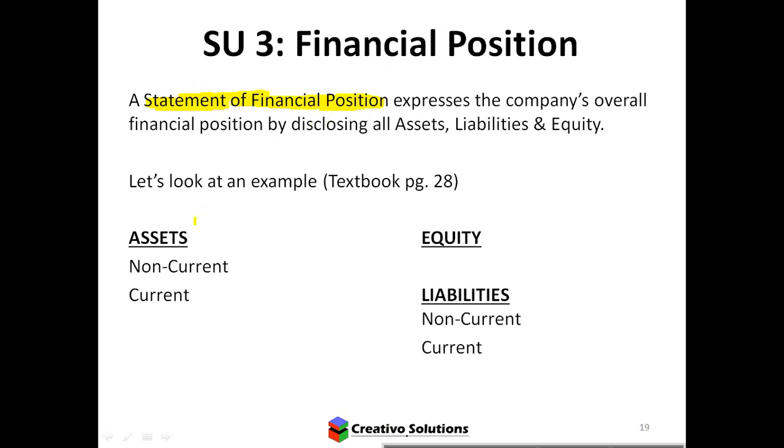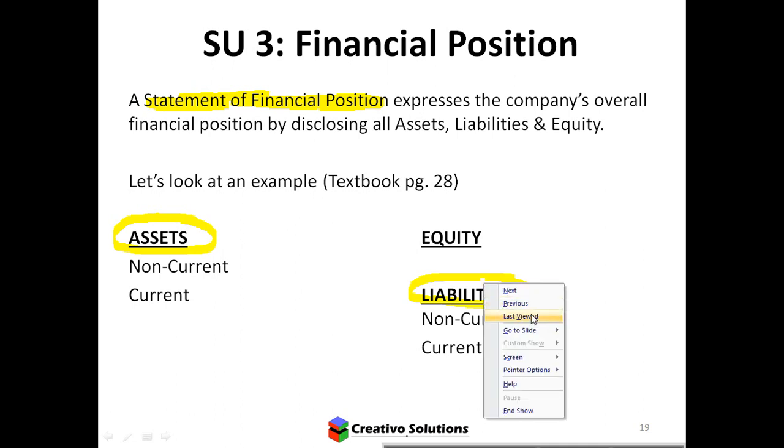Financial position looks at assets and liabilities. So in the statement of financial position, you are going to see detail relating to the assets and liabilities. There could be more detail in separate notes to the statements, but you don't really look at the notes, it's mainly disclosure.